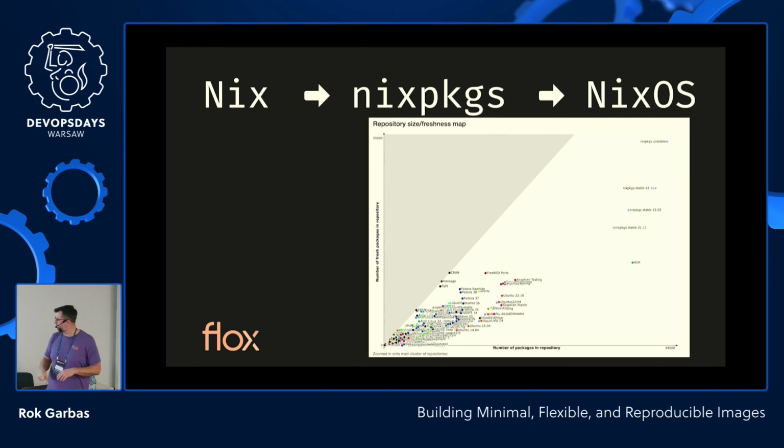So Ubuntu, Debian, and so on. And then on the y-axis, you have the freshness of those packages. So how up to date are they? It's really important that you want to be in the top right corner, right? So you have a repository with the most packages, but still the freshest.